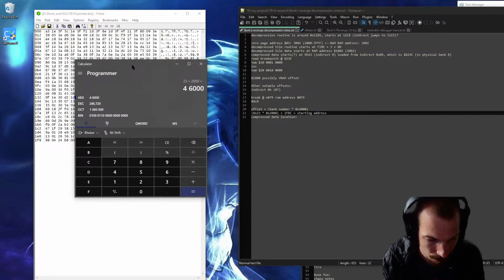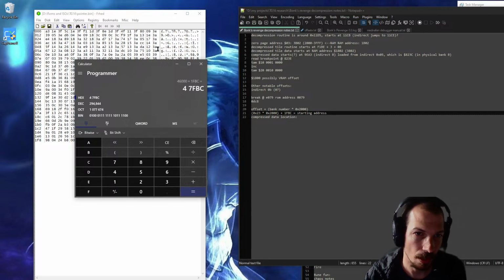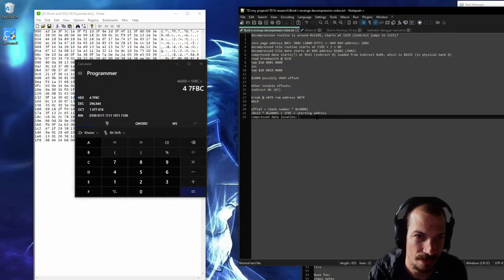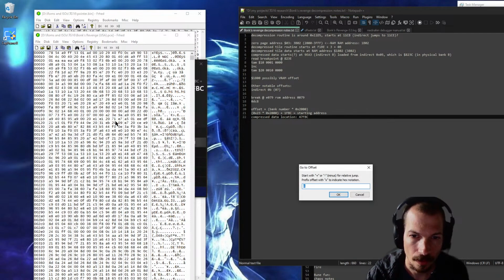Okay, and we're going to add 1FBC, which I could have just done in my head, but whatever. So that's 47FBC. Let's take a look at where that is really quick.